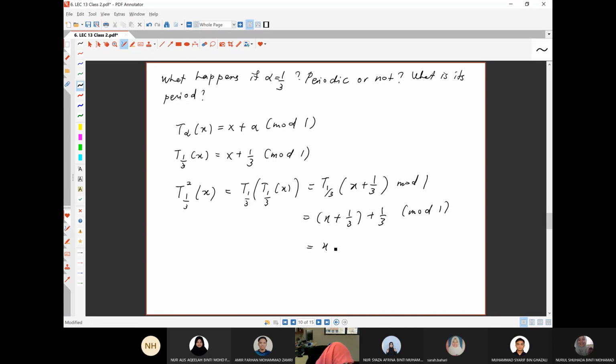So this becomes x plus 2 over 3 mod 1. Agree? Yes. Okay. And then you should find another, right? You should do another iteration because it is not periodic yet. It does not equal x yet. So look again. So T power 3 of x. So I have T 1 over 3 of T squared 1 over 3 of x.